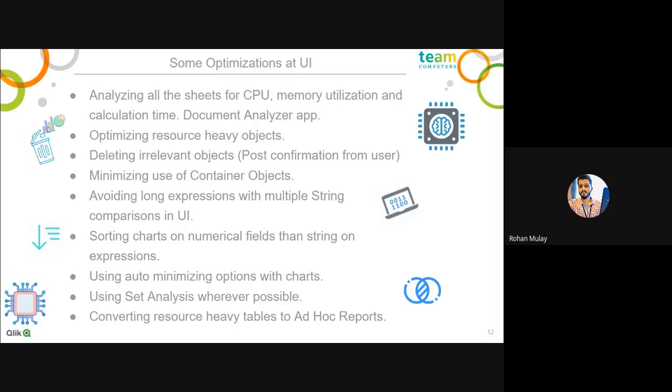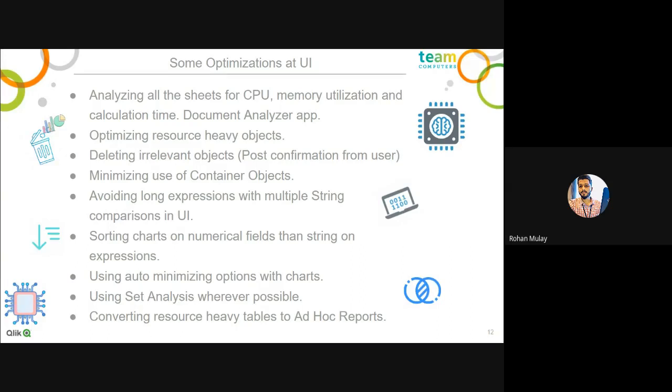If you have a lot of data and you are using aggregations in the front end, it is definitely going to take a lot of time. So we need to identify which objects those are first, and target and work on them. If you have any aggregations done in the front end, we'll try to move those aggregations to the back end, so that the front end calculation time is reduced.